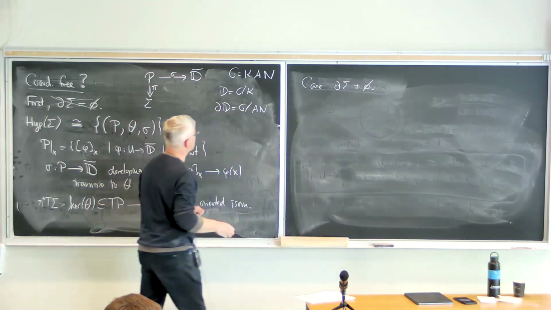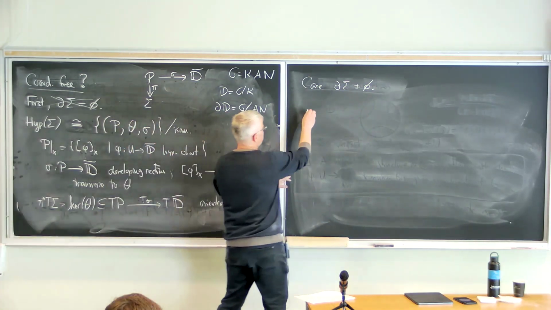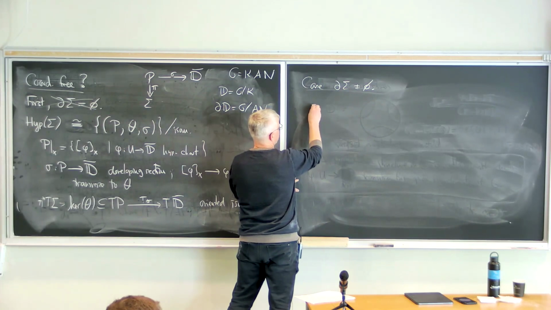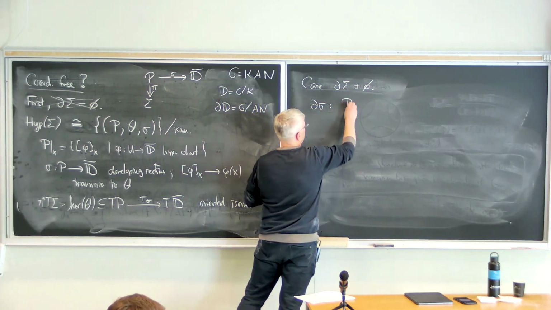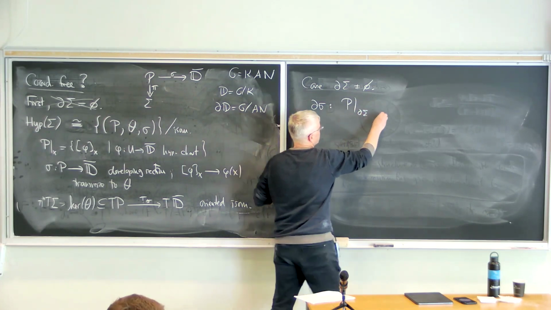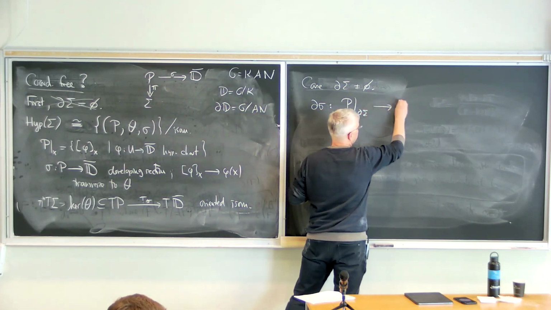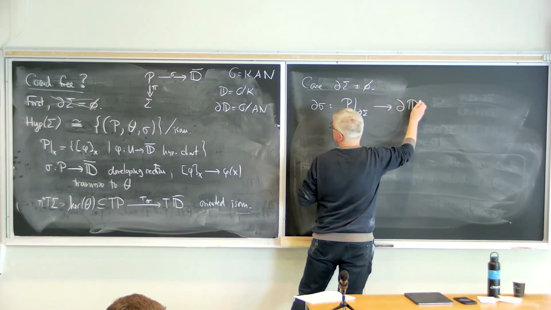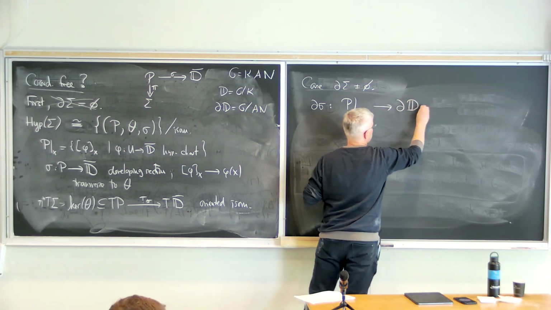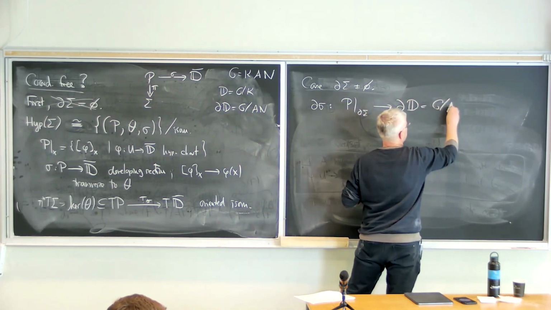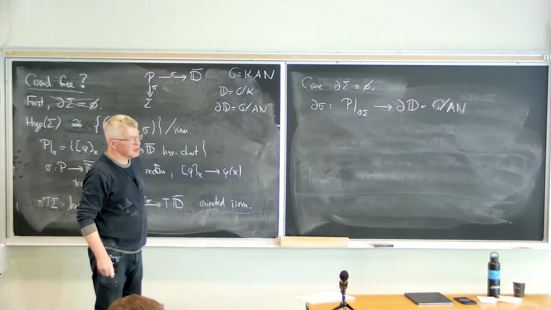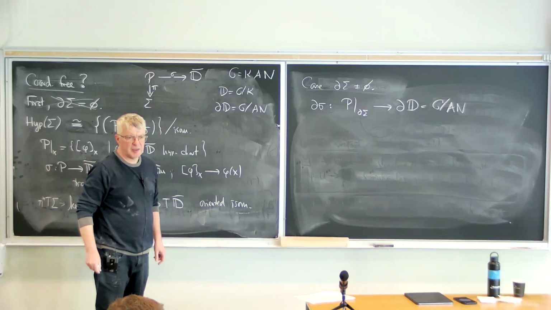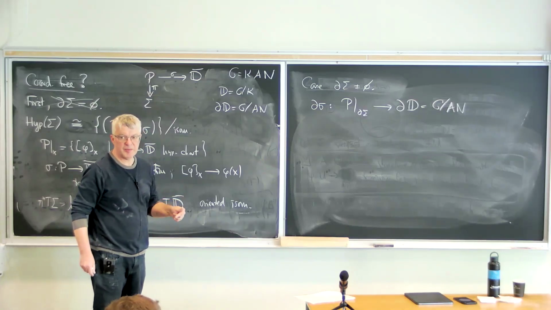Then the developing section on the boundary, denoted del sigma, is the map which goes from P on the boundary to the boundary of the Poincare disk, which is G mod AN. As I said, it gives a reduction of the structure group to this group AN. The point is that this group AN is contractible.